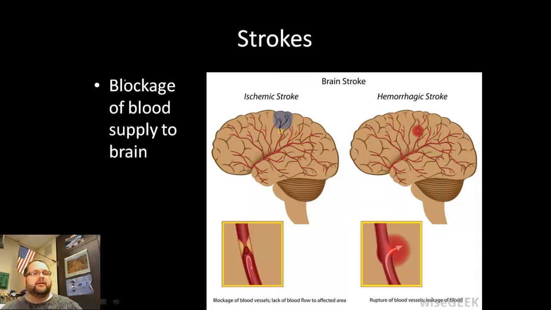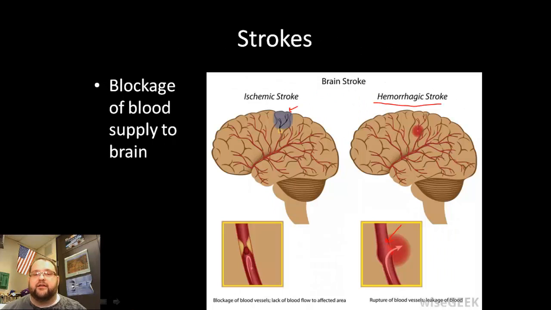A stroke. A stroke is blockage of blood supply to the brain. You can have a blockage in which we have tissue death, just like we did in the heart attack. So that's where you have blockage. Or the other problem you can have is a hemorrhagic stroke, and that's where the blood vessel actually ruptures because of the blockage. The blood vessel will rupture, and that'll cause leakage of blood throughout the brain.